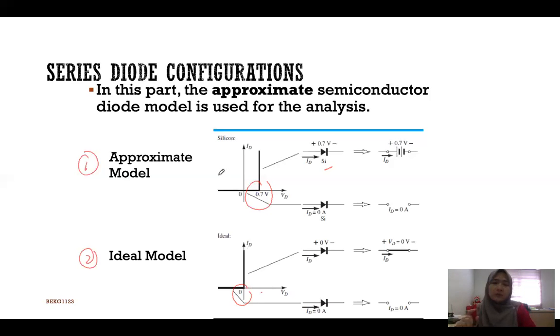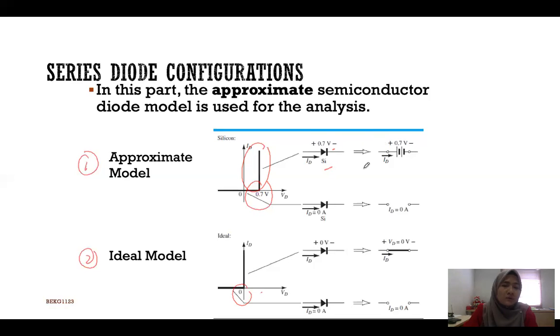Remember, for a diode we have forward bias and reverse bias. This part here is what we call the forward bias. For example, this is your diode. This is a silicon diode because this is the approximate model. For silicon, the voltage is 0.7 volt.